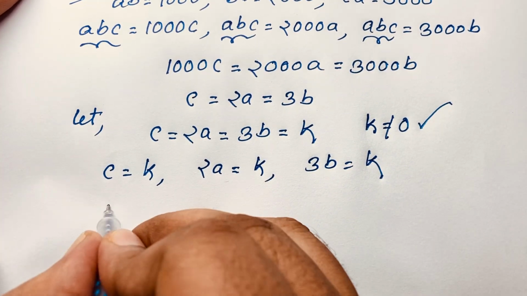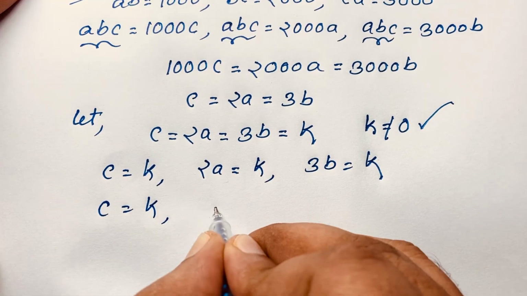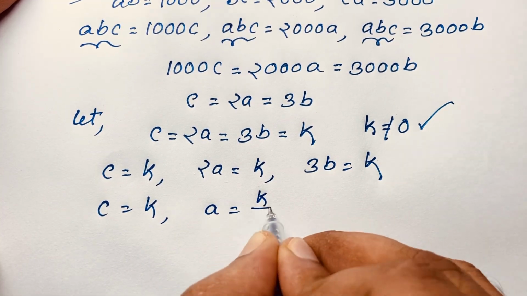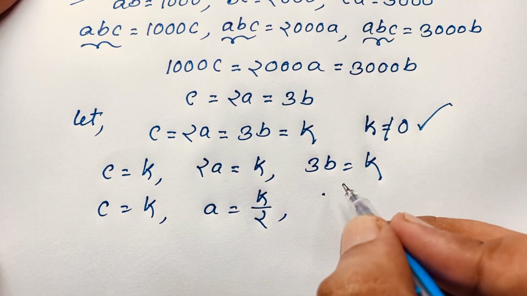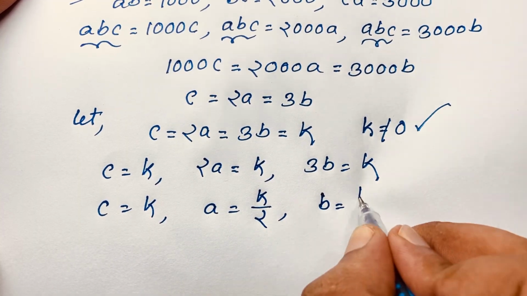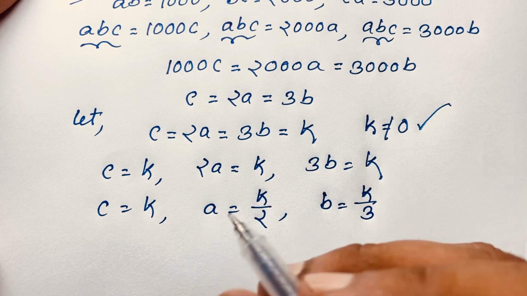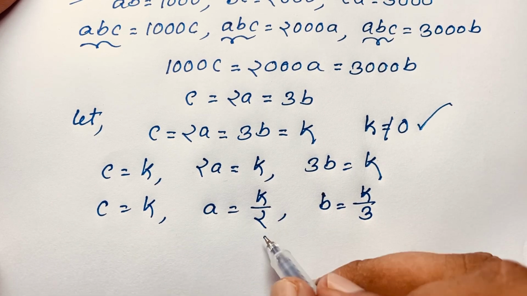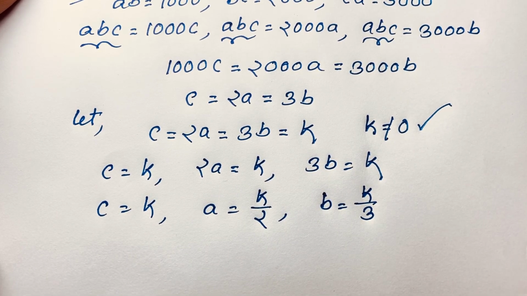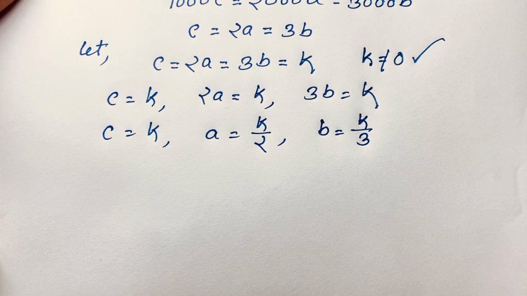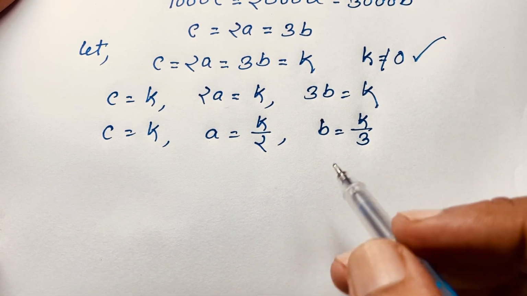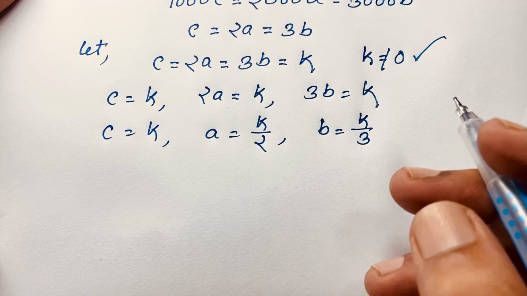Now C is equal to K, but A is equal to K over 2, I divide both sides by 2, and I divide both sides by 3, so B is equal to K over 3. So C is equal to K, A is equal to K over 2, B is equal to K over 3. Now our question, A square plus B square plus C square is equal to what? But we don't know K is equal to what. So at this moment we will find out K in this math problem.